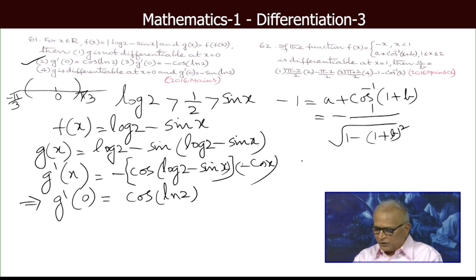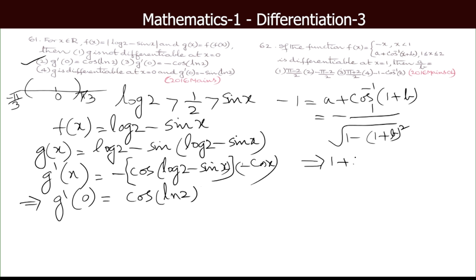So, 1 plus b equal to 0. When 1 plus b is 0, b equal to minus 1, sorry, a equal to minus 1 minus arc cosine 0, that is minus pi by 2.